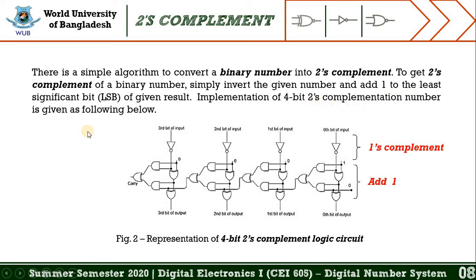If we look at this figure, you may notice the upper portion is familiar to you, because in a previous slide in this lecture you saw the ones complement 4-bit logic circuit. The upper part of this representation is the ones complement, and then we need to add 1. So let's move into the next slide.